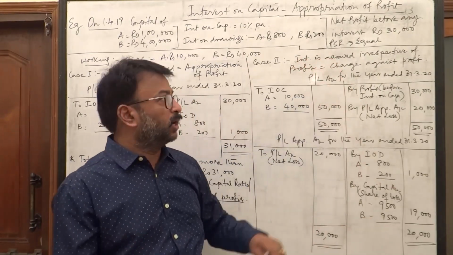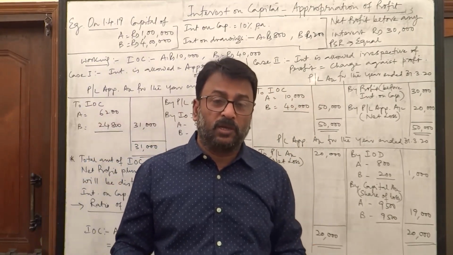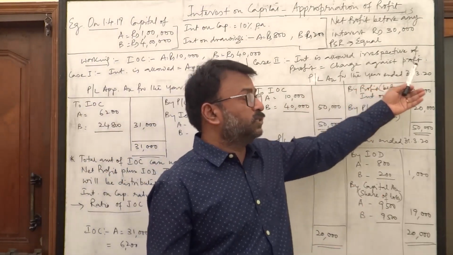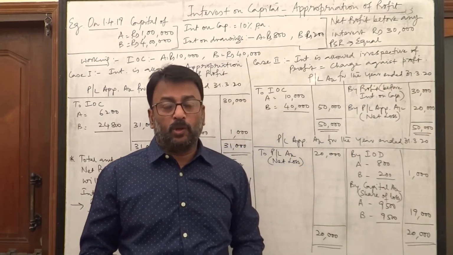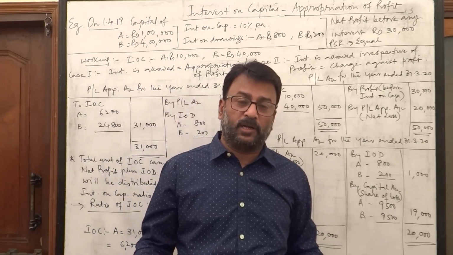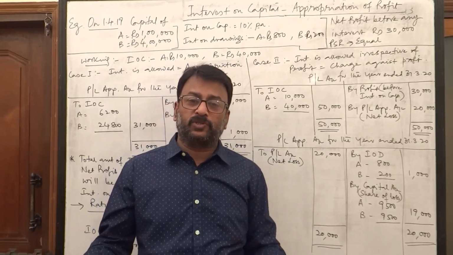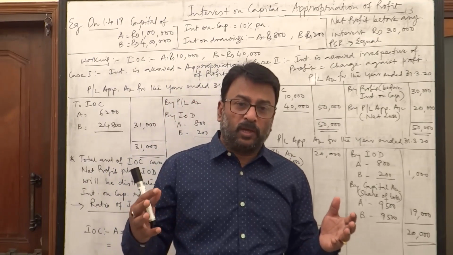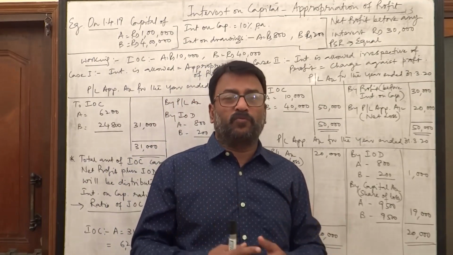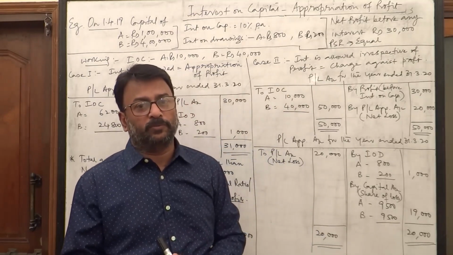It means now it is not appropriation of profit like the previous case, it is charged against profit. When interest on capital is charged against profit, it is considered as an expense. And when it is considered as an expense, we are supposed to show this in profit and loss account instead of showing it in PL appropriation account.